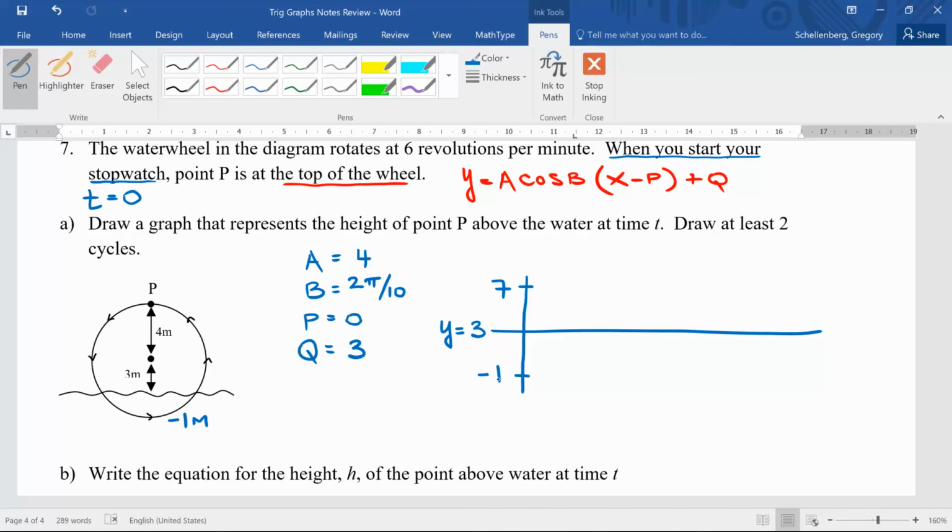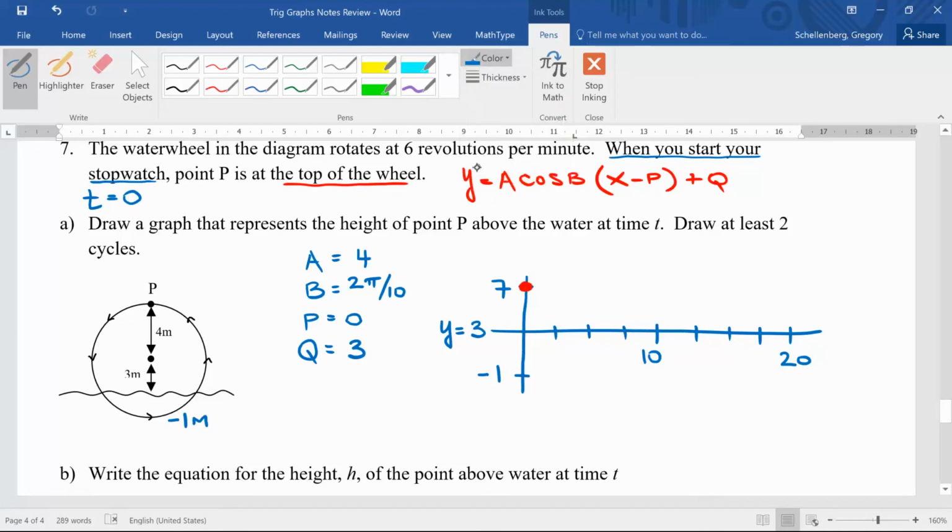Now when you start your stopwatch, point P is at the top of the wheel. So at 0 seconds, we have a max point. So we'll just plot our starting point. And it's asking for 2 cycles. So we'll label that. This is 1 period, so it's going to be 10 seconds. And we'll add a second here. This is our second period, which would be 20 seconds. And break each of these periods up into 4 equal parts.